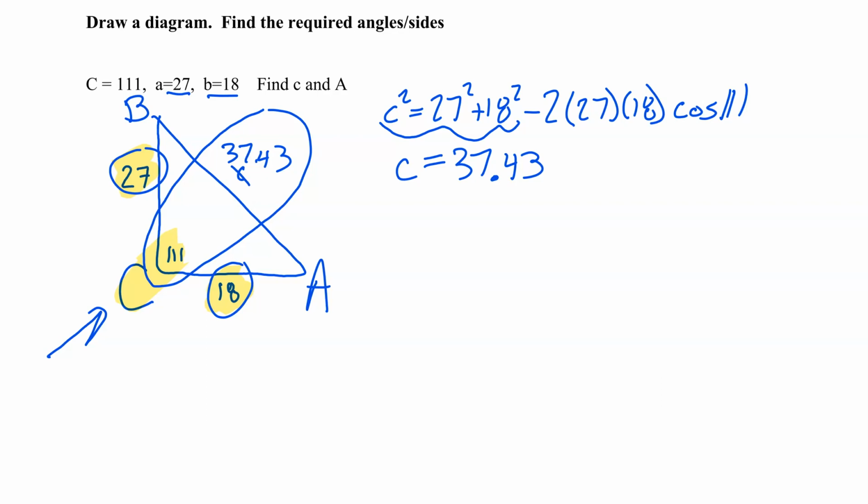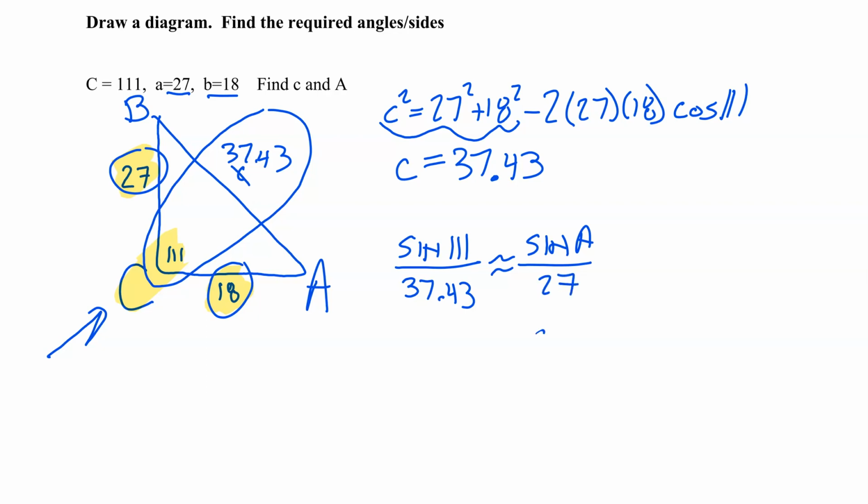And so the law of sines says that the sine of 111 over, and we're saying that side opposite that is 37.43. I'm going to say this is about equal to, because we did do a lot of rounding on it. It's about equal to the sine of angle A over 27.